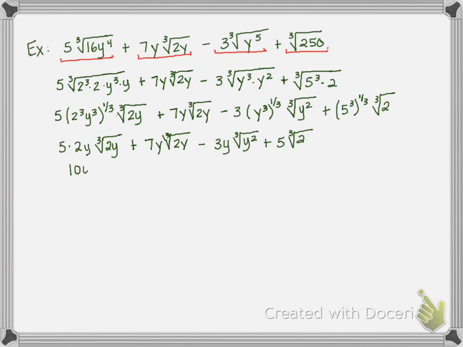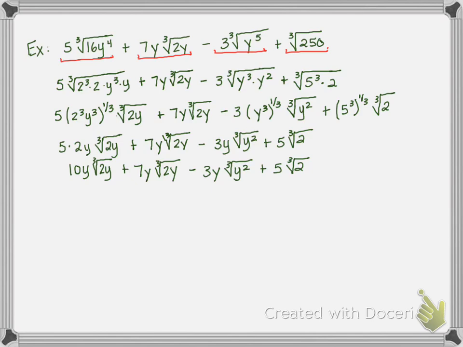So we have 10y times the cube root of 2y plus 7y times the cube root of 2y minus 3y times the cube root of y squared plus 5 times the cube root of 2. So do I have like terms? How many like terms do I have?